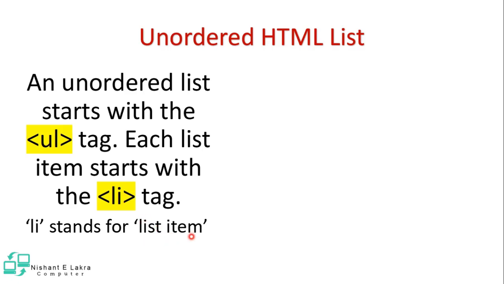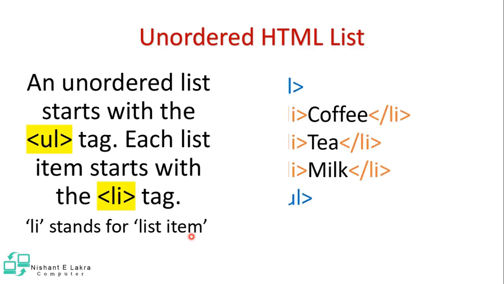Now let me show you a small part of the program, part of the language. How do we use this unordered list with the ul tag and li tag? Suppose we want these words to be displayed in the web page. How do we start it? We start with ul inside the angle bracket, like I told you.